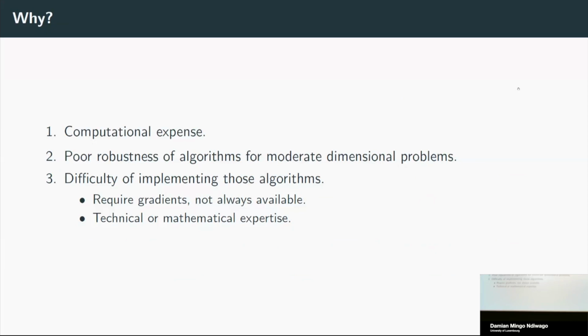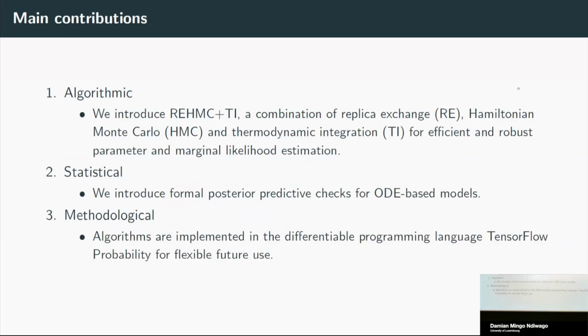And in order to implement algorithms that are highly robust, like gradient-based algorithms, these require rigorous technical and mathematical expertise. So it's not really available in the hydrologist's toolbox. So that is where our contributions come in.